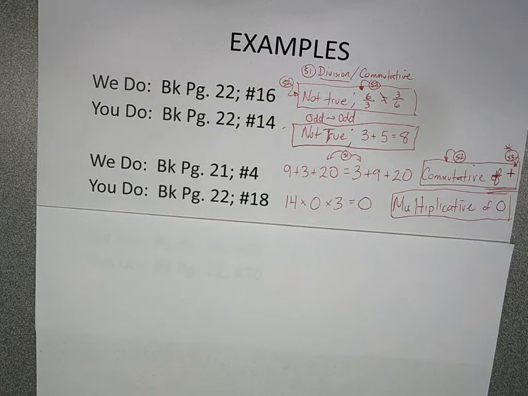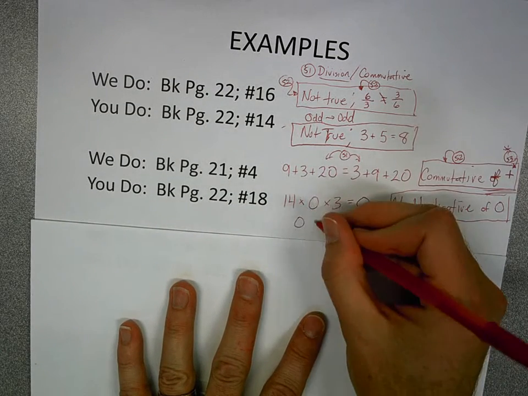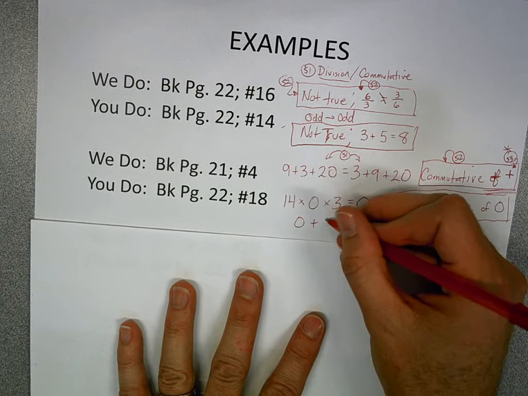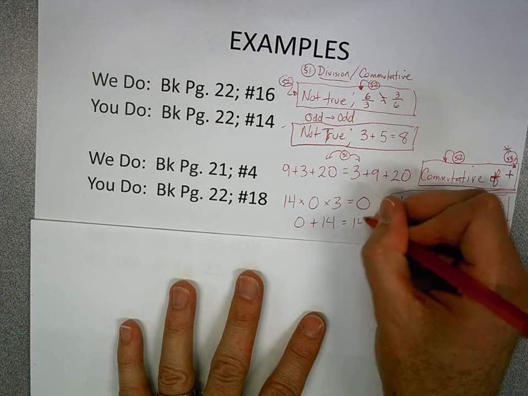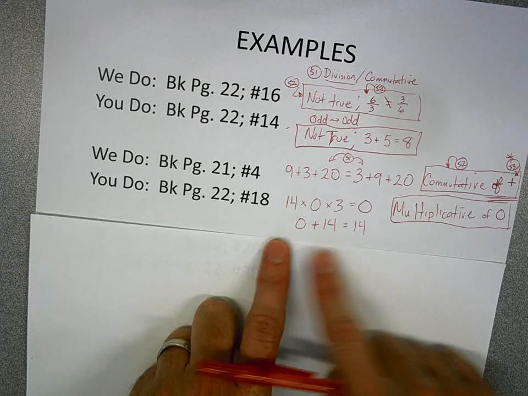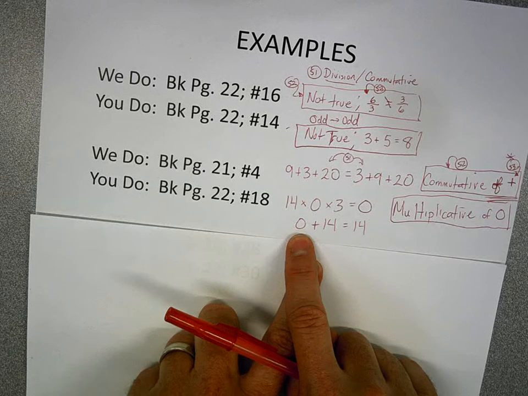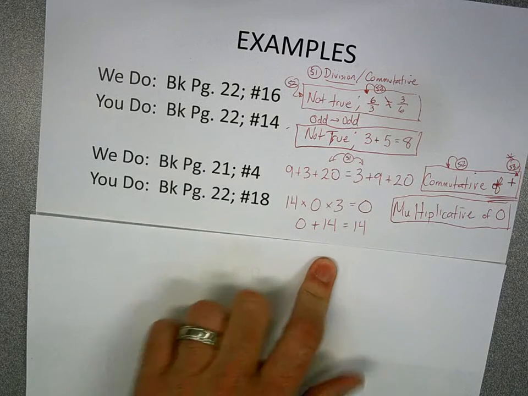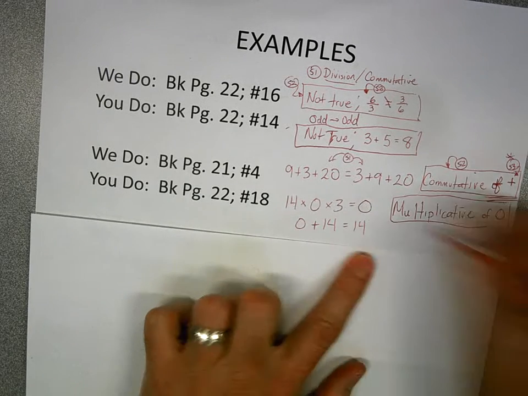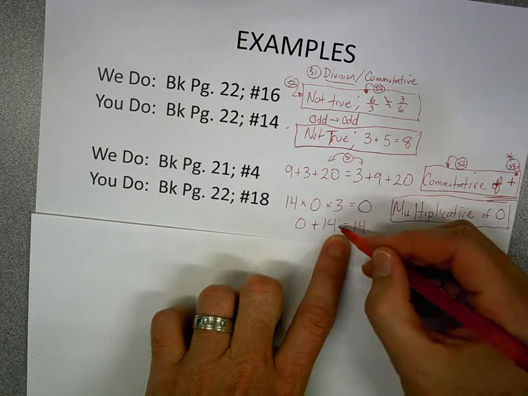So number 18, let's do the one that you guys did where you can check it. Okay, number 18 is actually very similar, right? 0 plus 14 equals 14. What's the difference in the two sides? Well, 14 is the same. This one's just being added to 0. I'm sorry, 0 plus 14 is itself, I should say.